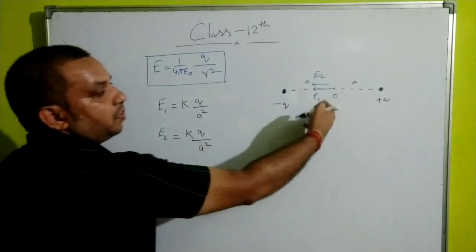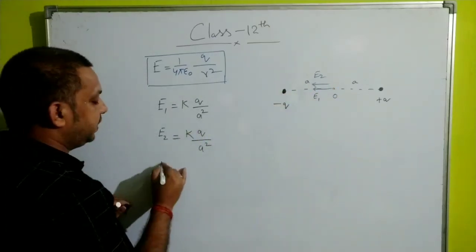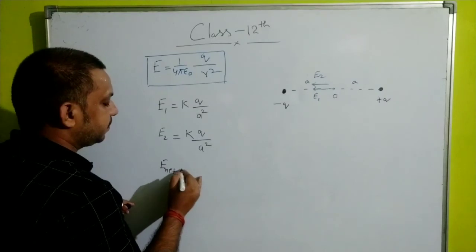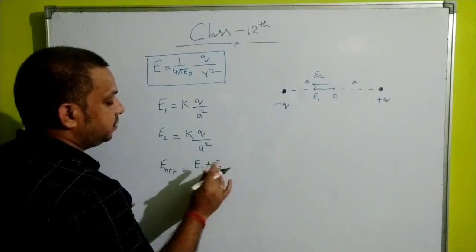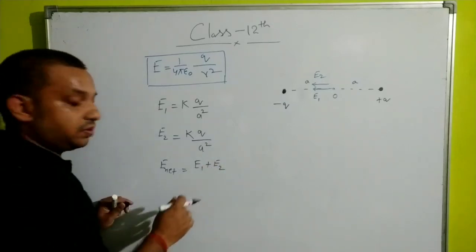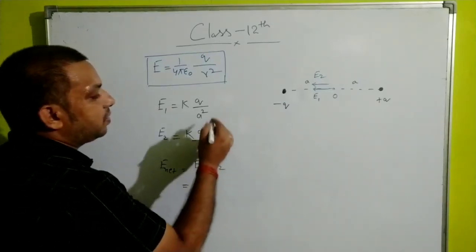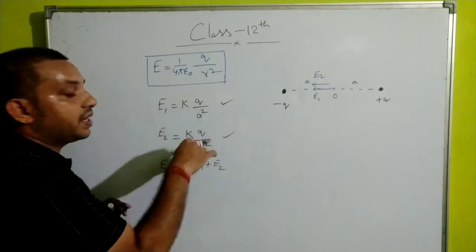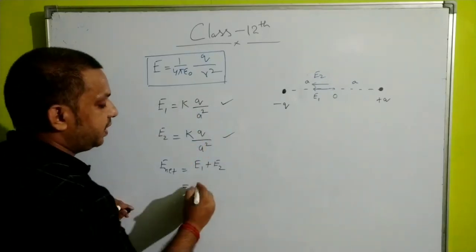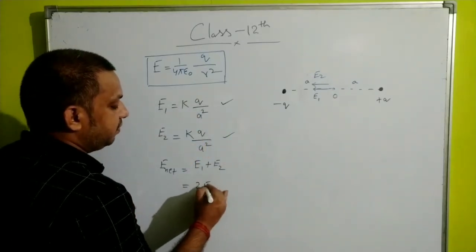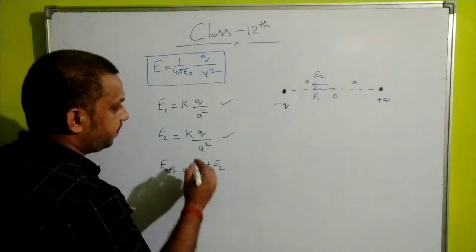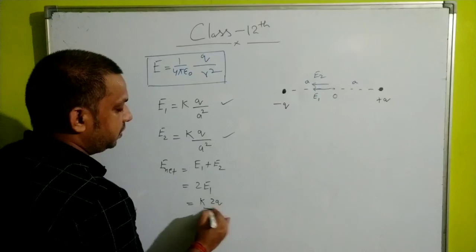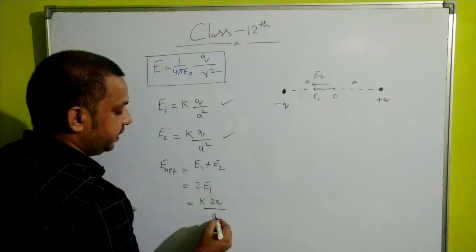And because both vectors are in the same direction, you will get E net equal to E1 plus E2. Because you can see the expressions are identical, that equals 2 times E1, and putting in the value, that becomes K 2Q divided by A squared.